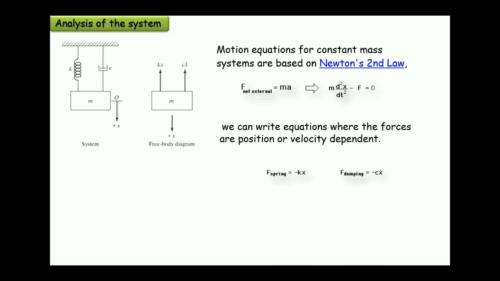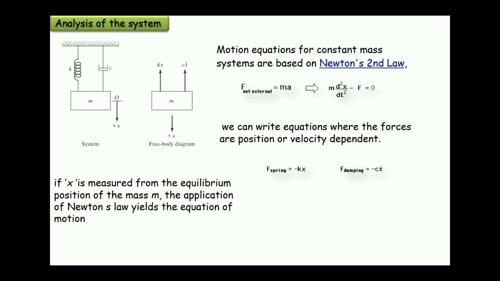So the equation can be written in terms of displacement and velocity. The spring force is equal to minus kx, and the damping force is equal to minus c x dot.